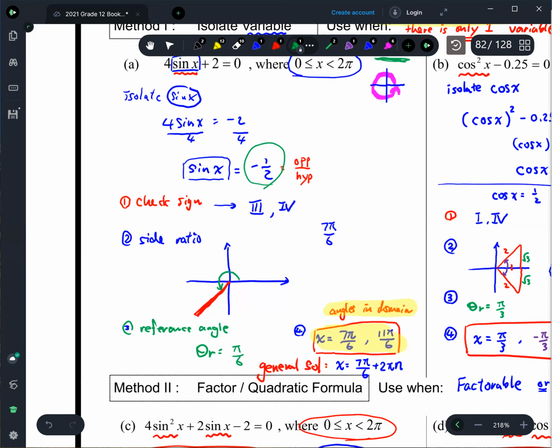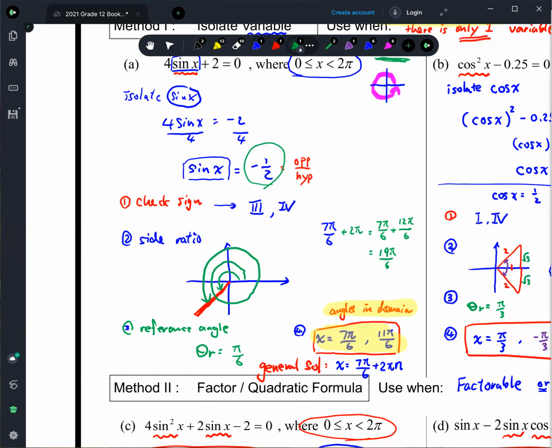If I add 2 pi, get a common denominator: 7 pi over 6 plus 12 pi over 6, that's 2 pi, is 19 pi over 6. So 19 pi over 6 will be this one. It will still stop there.